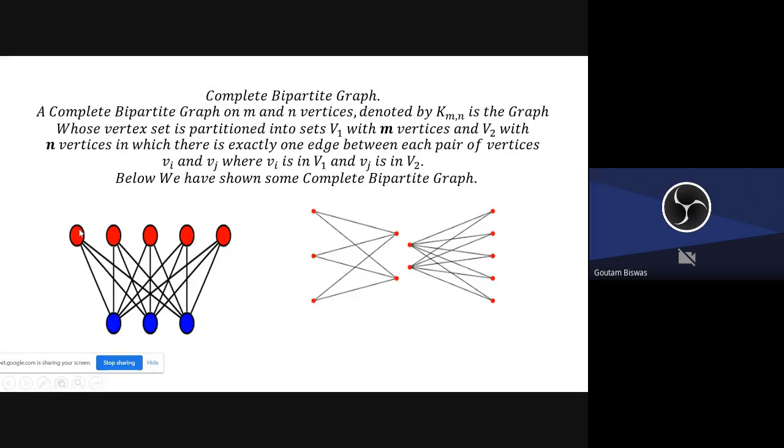So there are m vertices and n vertices here. A complete bipartite graph is represented by K m comma n, with vertex sets V1 with m vertices and V2 with n vertices. Okay, so this is more or less the same.